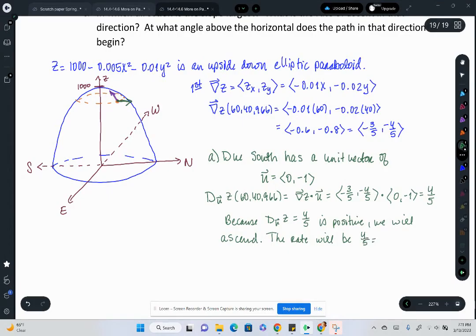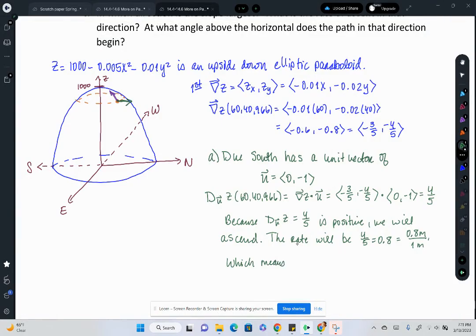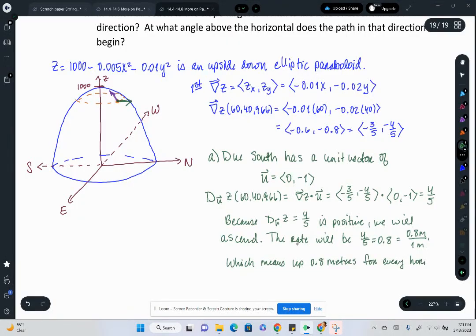It's kind of weird how we read 0.8, but it's equal to 0.8 meters over 1 meter, which means that we go up 0.8 meters for every horizontal 1 meter.